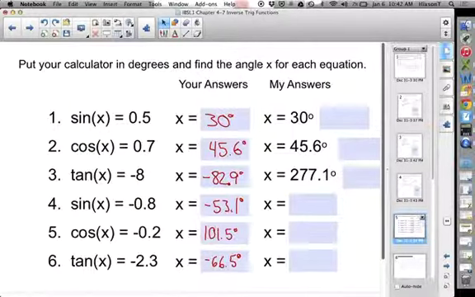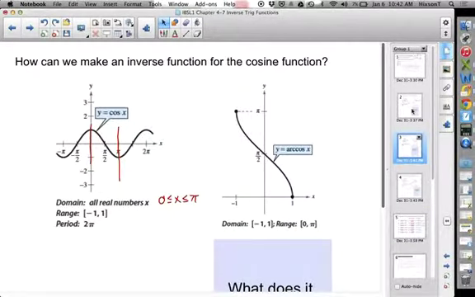Isn't it just 360 minus 82.9? It is. They're coterminal angles, so they should have the same tangent, right? Did you get negative 8? Yeah, rounded. Okay. Well, you can see here, obviously there are angles beyond what we limited the domains to, right?